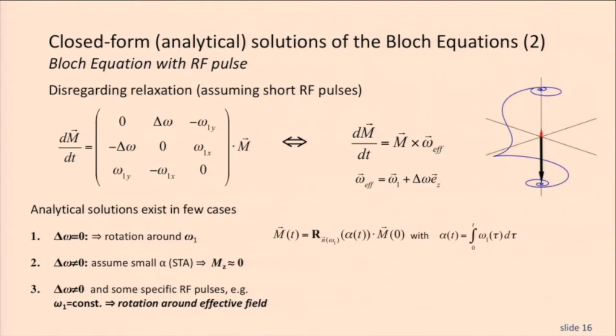If there is off resonance present, then we can still assume that the longitudinal magnetization is not changing a lot. This is called the small tip angle approximation.